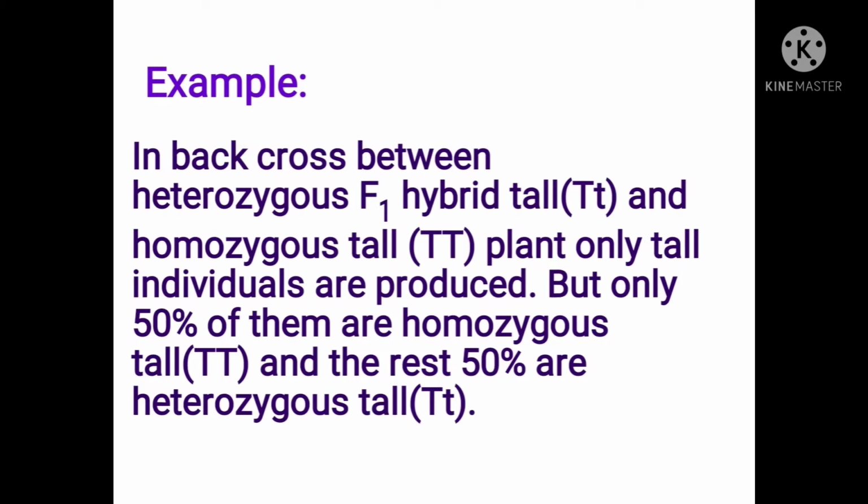Example: backcross between heterozygous F1 hybrid tall Tt and homozygous tall TT plant, only tall individuals are produced, but only 50% of them are homozygous tall TT and the rest 50% are heterozygous tall Tt.